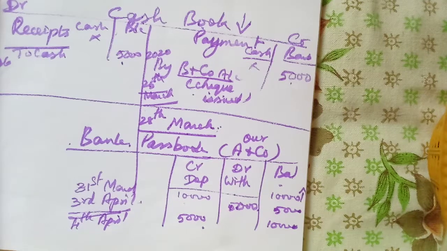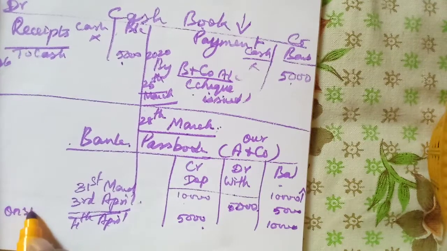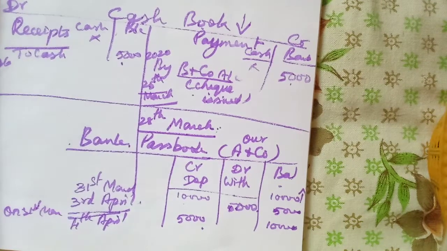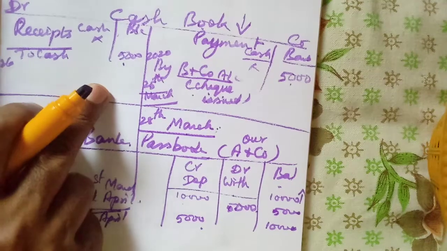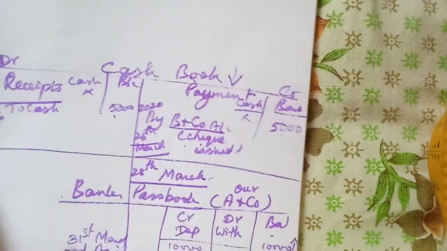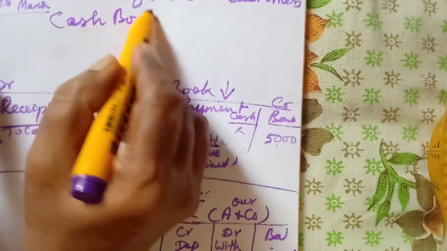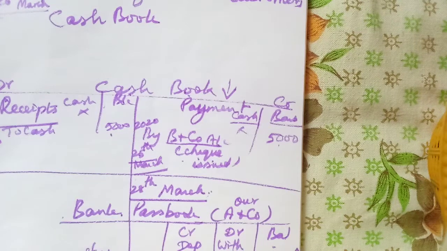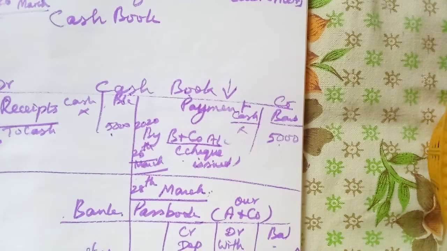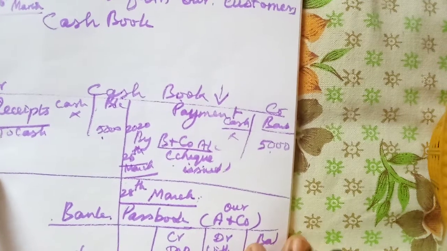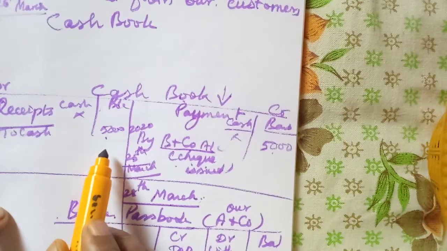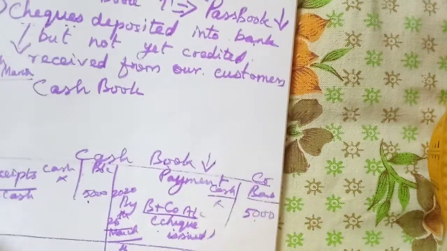So here you see, we should see on 31st March what is happening. Here it is not entered, but there it is entered. So the cash book balance, here I have taught you the opposite.